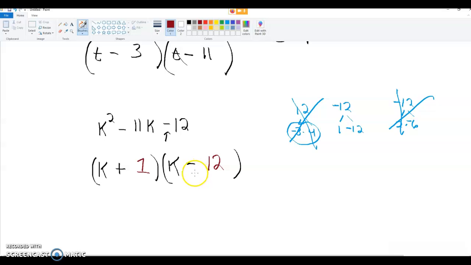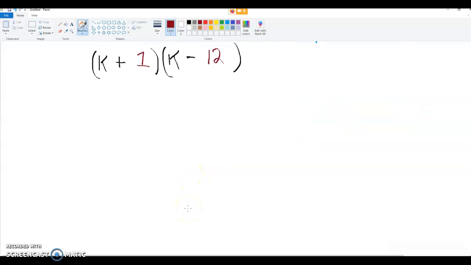So as we continue going through and factoring, what happens if we do not have a 1 in front of the polynomial?